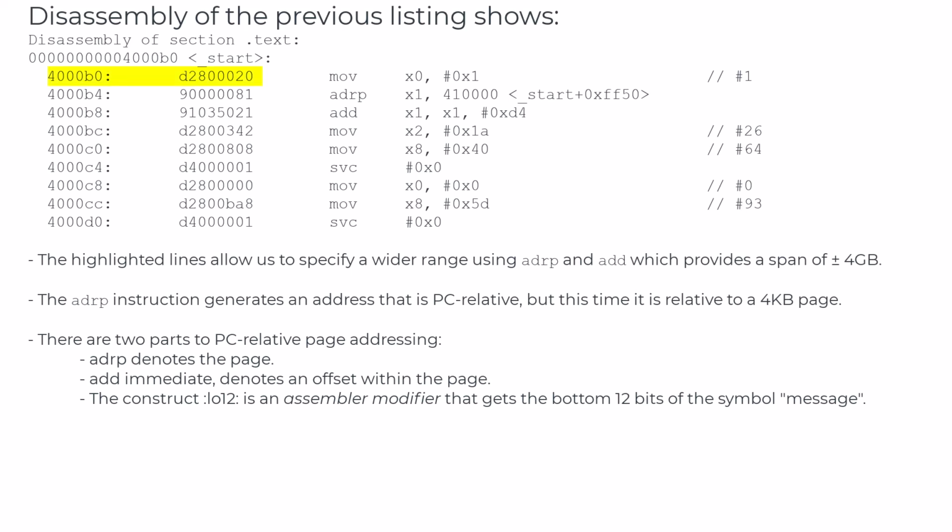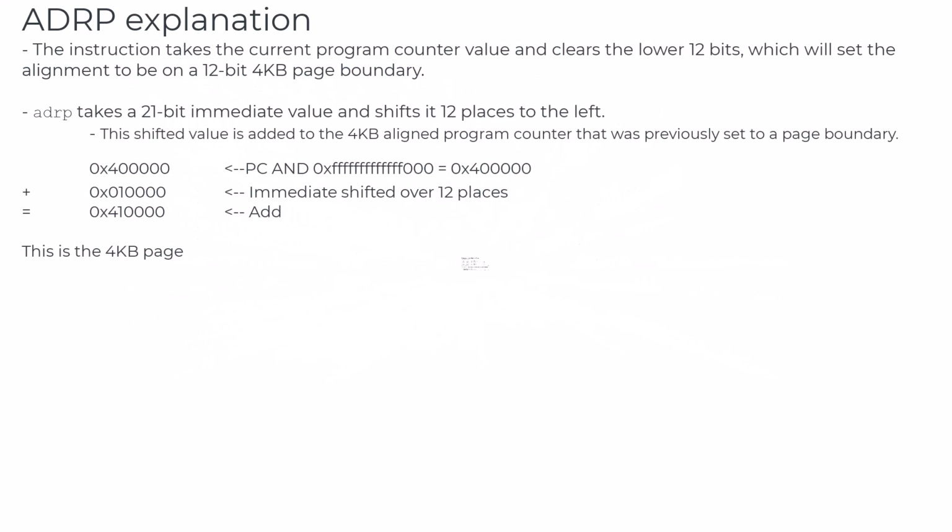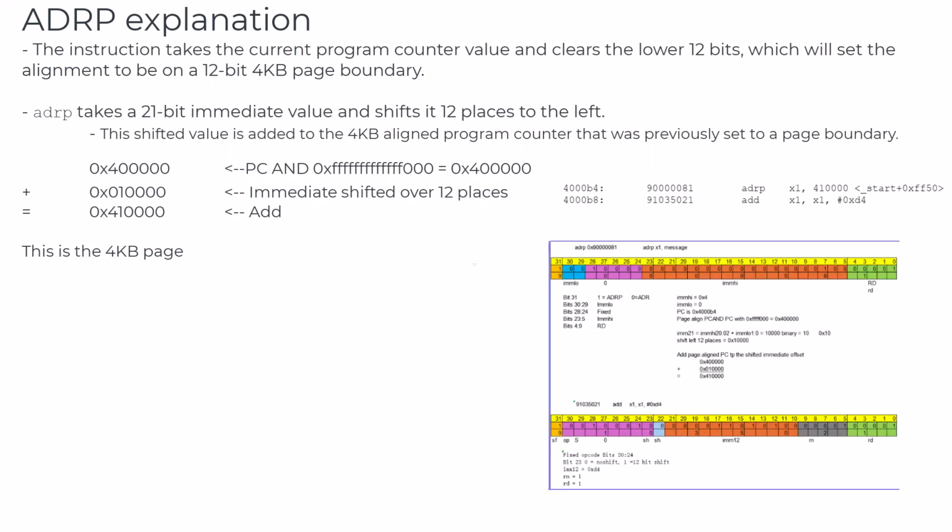The ADRP instruction takes the current program counter value and clears the lower 12 bits by ANDing them with an AND mask whose bottom 12 bits are set to 0. Note the next video will cover logic instructions. This gets the alignment to be on the 12-bit, 4 KB page boundary, seeing as we've zeroed out those 12 bits and now have the value hex 400000.